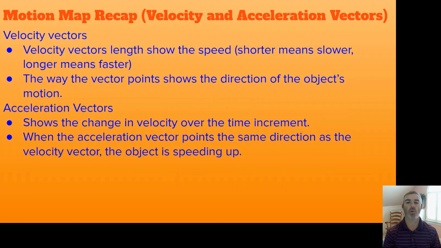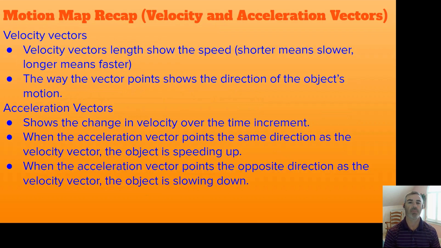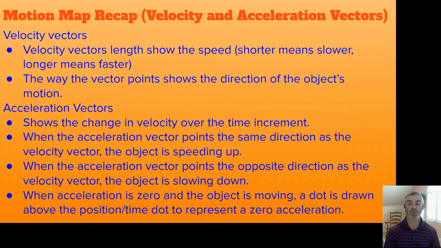When the acceleration vectors point the same direction as the velocity vector, the object's speeding up, and vice versa. When they point opposite directions, that means the object is slowing down. And when acceleration is 0 and the object is moving, that means we draw a dot above each succeeding position time dot. If it's stopped, you just stack the dots.